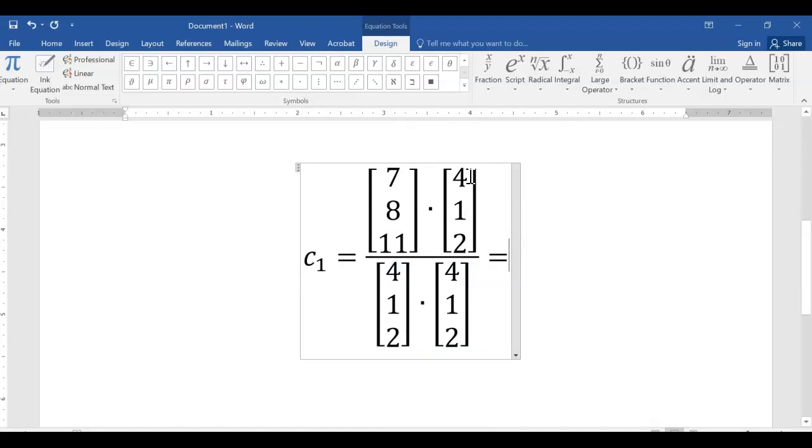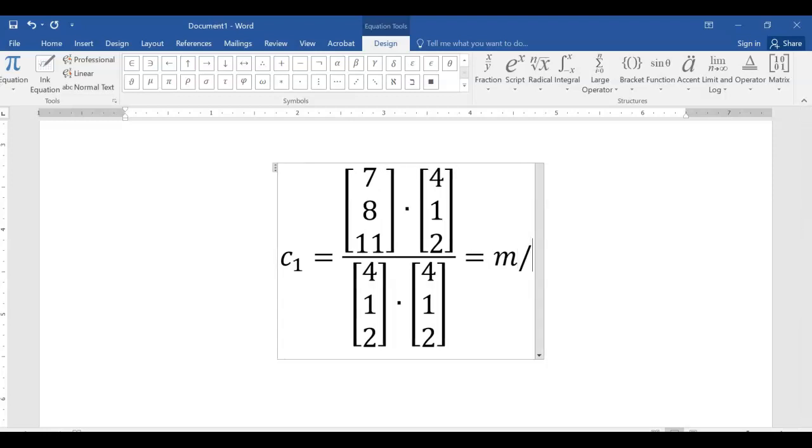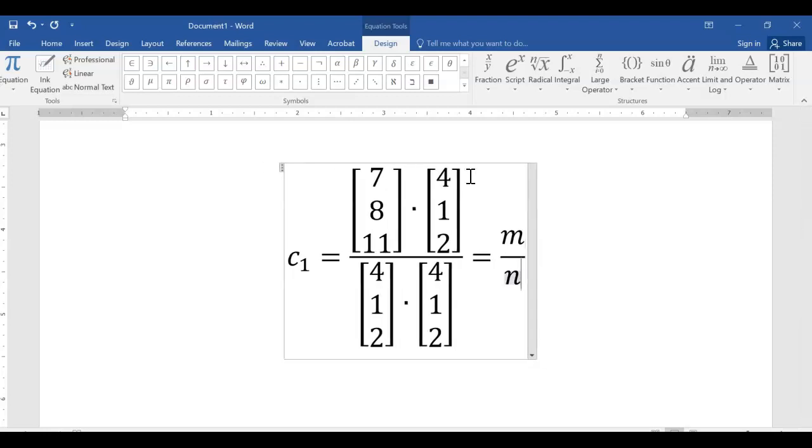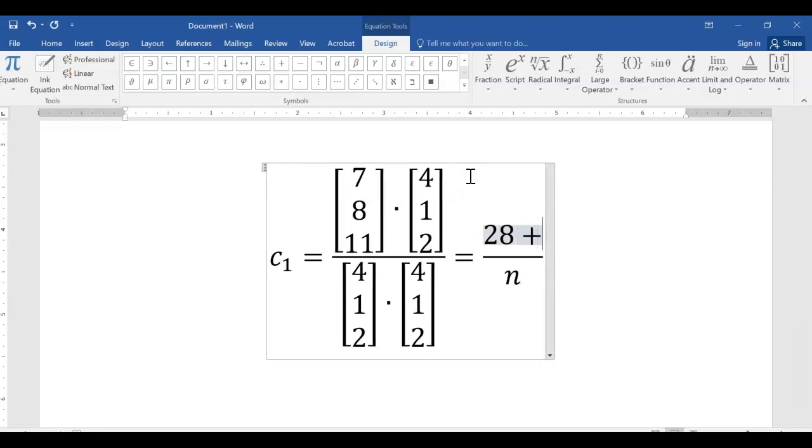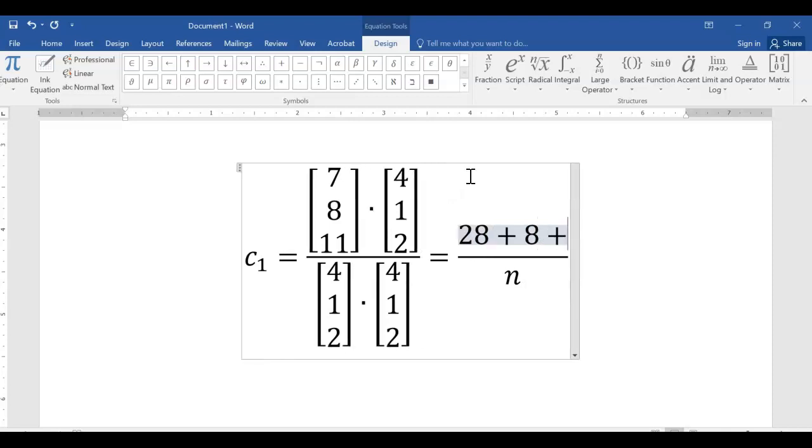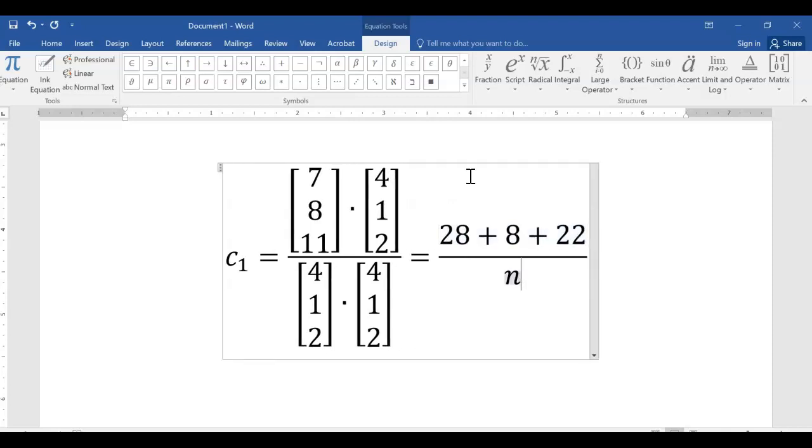7 times 4 is 28. Obviously, it's going to be some fraction. So we're going to get 28 plus 8 plus 22 on top. On bottom, I'm going to get 16 plus 1 plus 4.